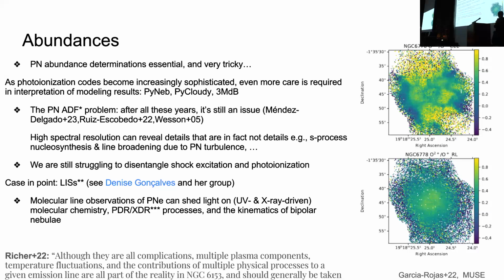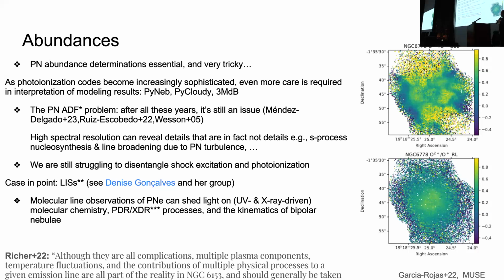So using MUSE, all those are the data from MUSE. Now you can see, for example, this is the O++ over O+ in CEL and recombination lines, and you can see that there's a difference in distribution. This is something new as well that we didn't have an idea of before, but now with the high resolution, we can do maps and we can have a better understanding.